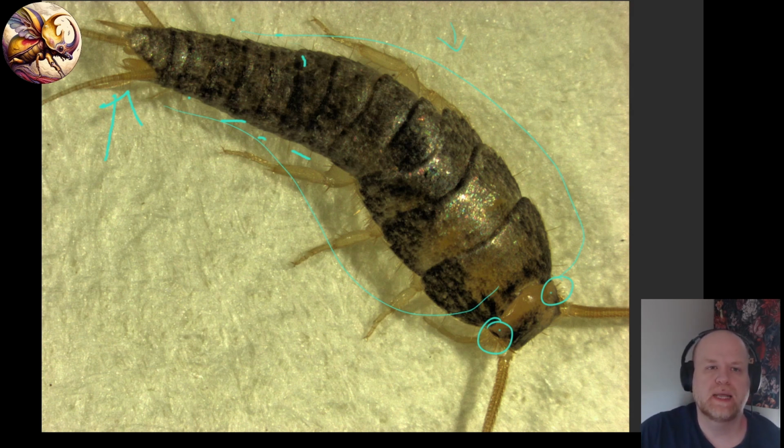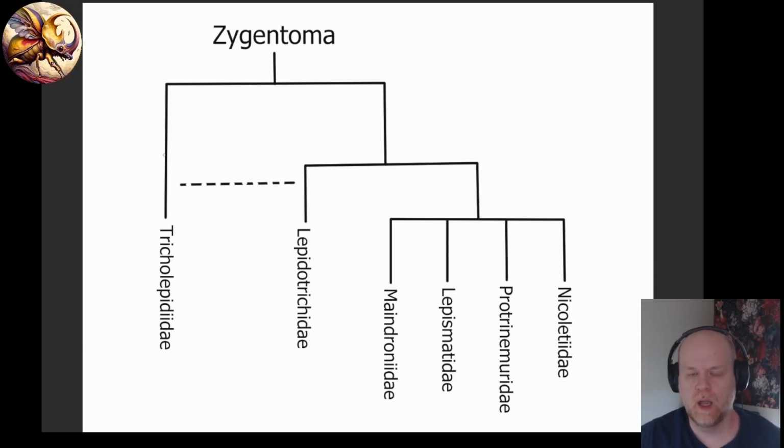So for order Zygentoma, we have really probably 5, maybe 6 families. But if you are in North America, what you are almost 100% going to be looking at are the Lepismatidae. Actually, if you are anywhere in the world, for the most part, if you are an amateur entomologist and you're just randomly collecting, you are almost certainly collecting Lepismatidae.